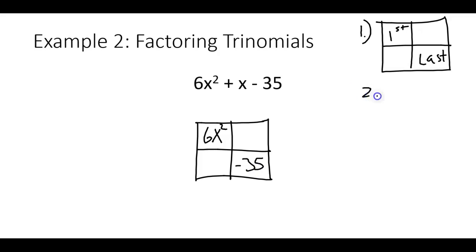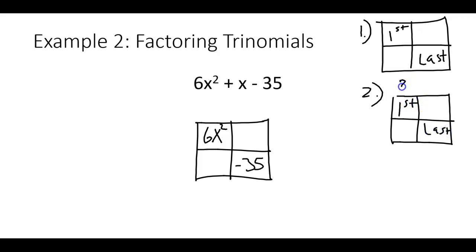Okay, the next thing that we're going to do is guess some numbers that would multiply together to make my first term. So I'm going to put a question mark here and a question mark here, because what we're looking for is two numbers that when you multiply them together, we get that first term. Okay, so what times what will make 6x squared?